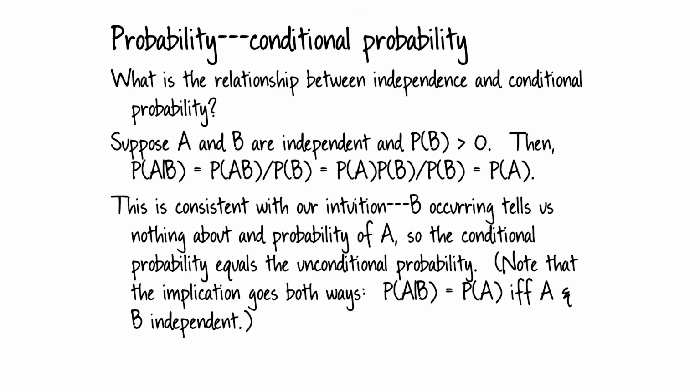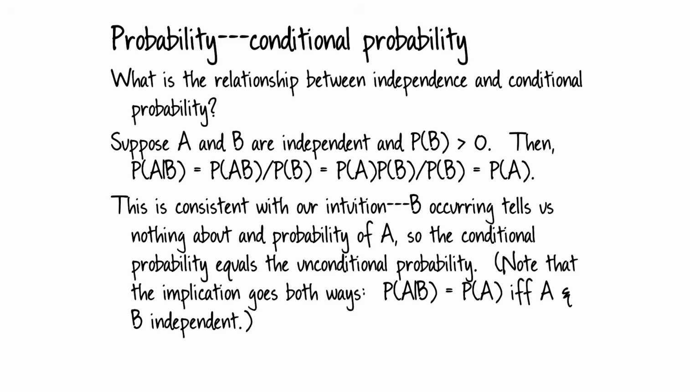So as you might suspect, there is a relationship between independence and conditional probability. Suppose we have two events, A and B, and they're independent. We have to assume that the probability of B is greater than 0, so we can talk about conditional probability.